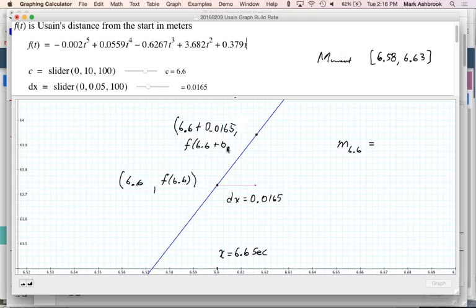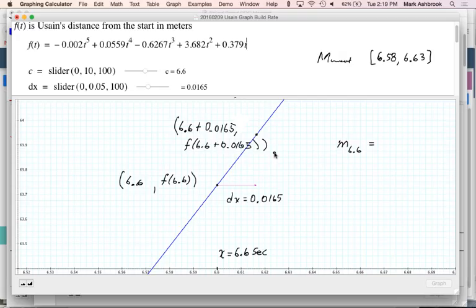Good. Right, so now the new x coordinate of that point is dx greater than 6.6. So add dx, and then the corresponding distance at that time is f of that independent value, which is f of 6.6 plus dx.